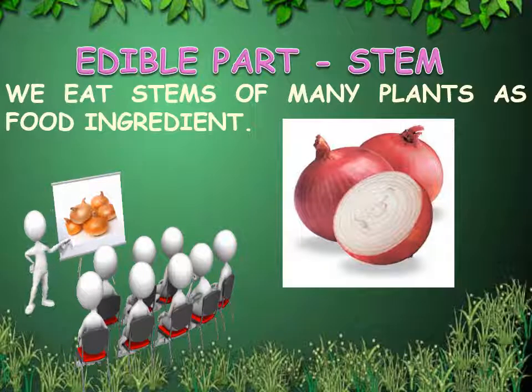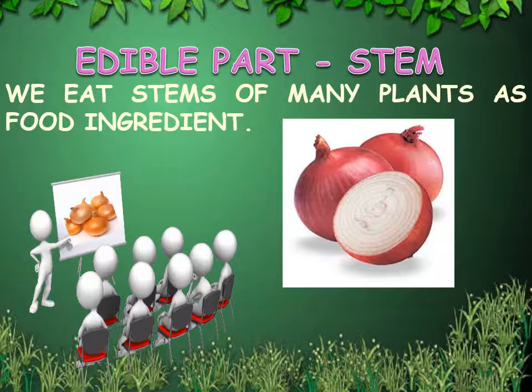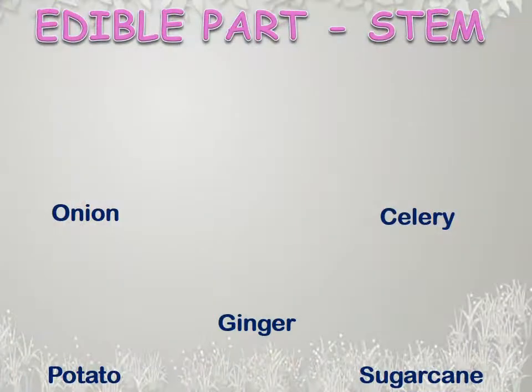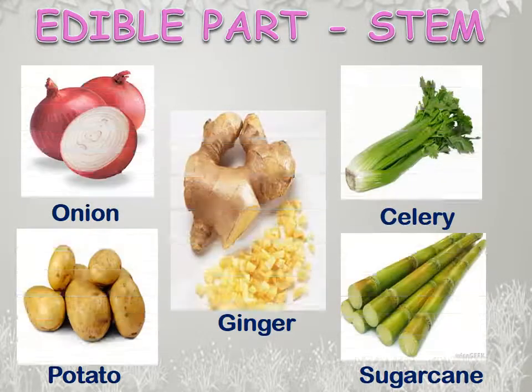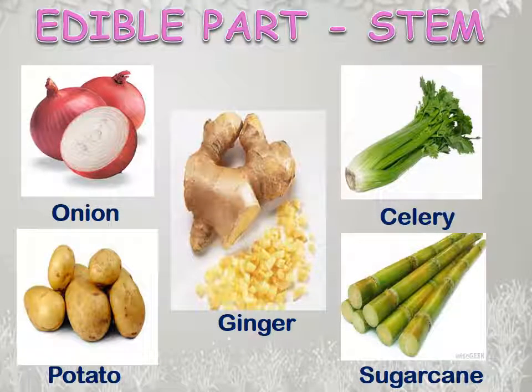Next edible part is stem. We eat stems of many plants as food ingredient. Some examples are onion, potato, ginger, celery and sugarcane.